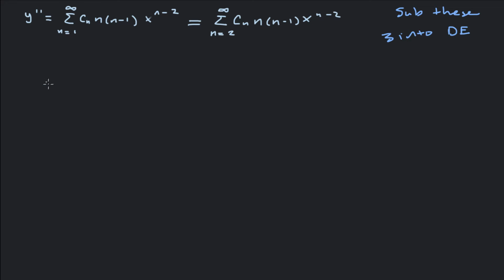Well, our differential equation was y double prime minus xy prime plus 2y equals 0.